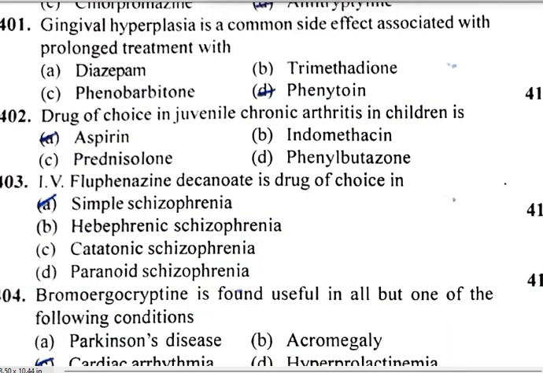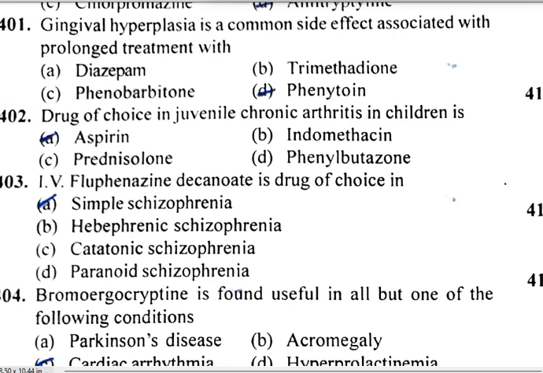Gingival hyperplasia is a common side effect associated with prolonged treatment with phenytoin. Drug of choice in juvenile chronic arthritis in children is aspirin. Fluphenazine decanoate is a prodrug, drug of choice in simple schizophrenia.